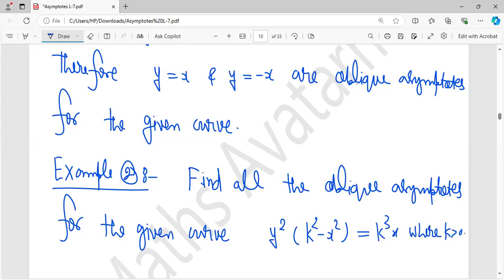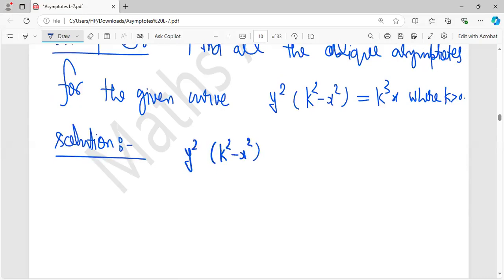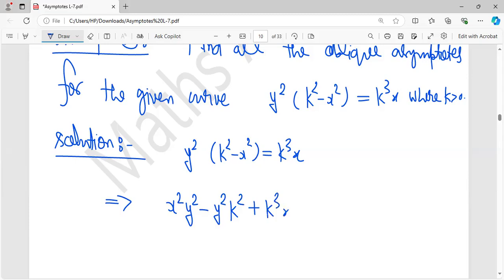Okay. So write this equation in highest degree form. So we can write this as x square y square minus y square k square, plus k cube x is equal to 0.